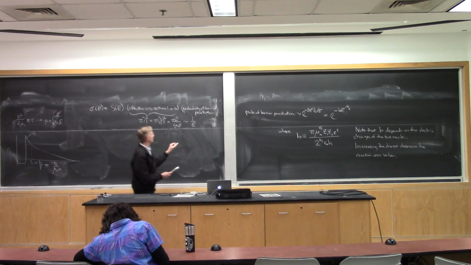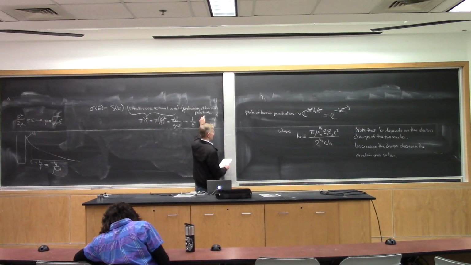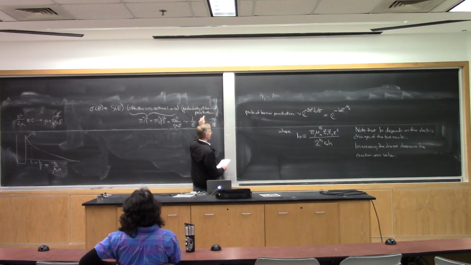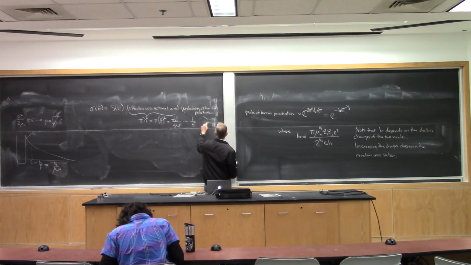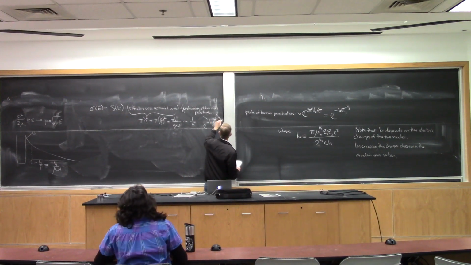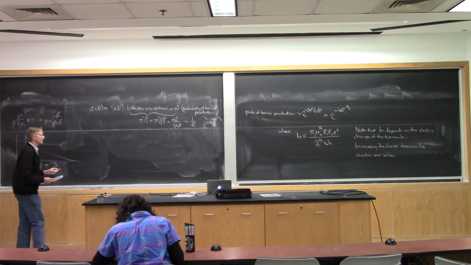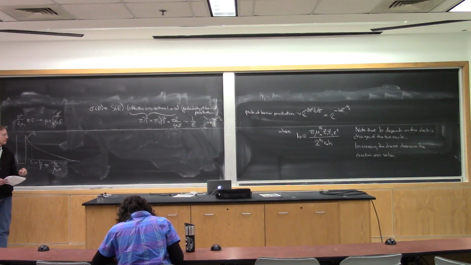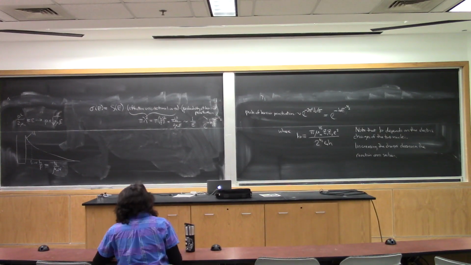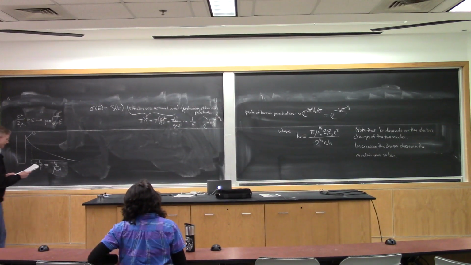And we just argued that the probability of barrier penetration is e to the minus some constant b times the energy that they're coming in towards one another with in the center of mass frame, to the minus 1/2.